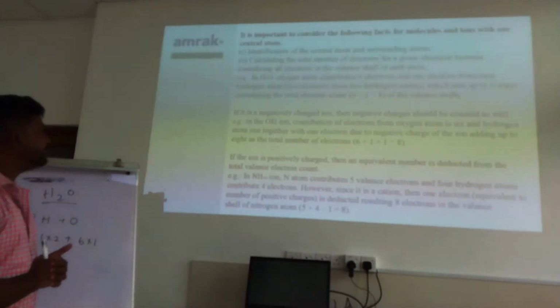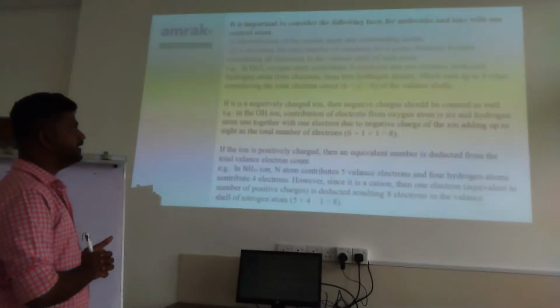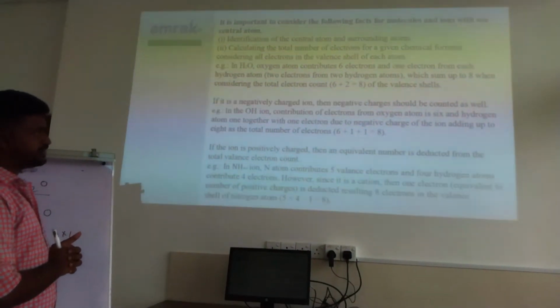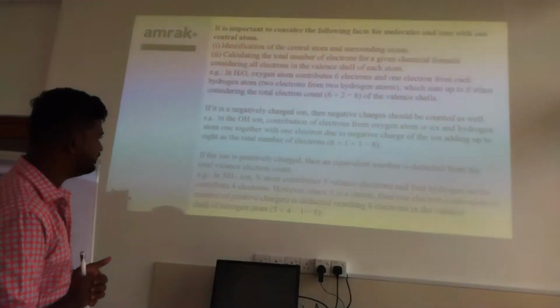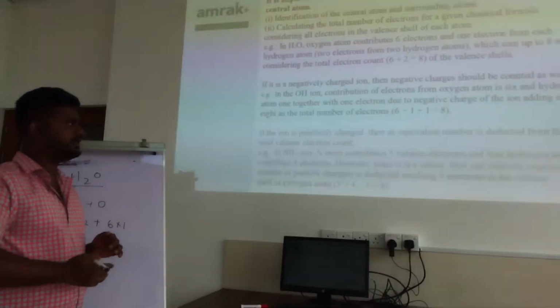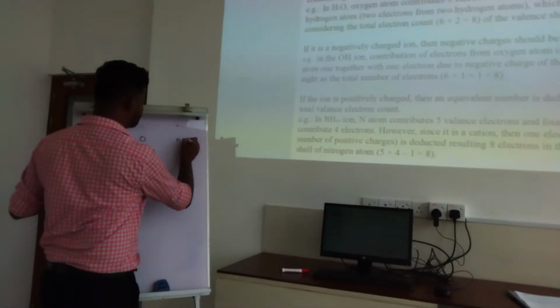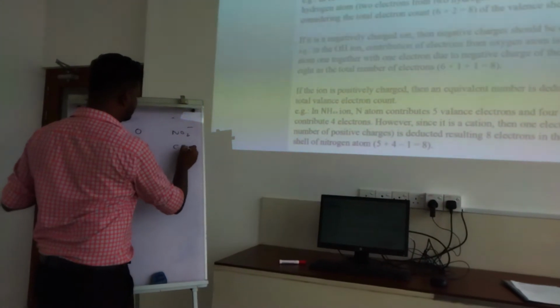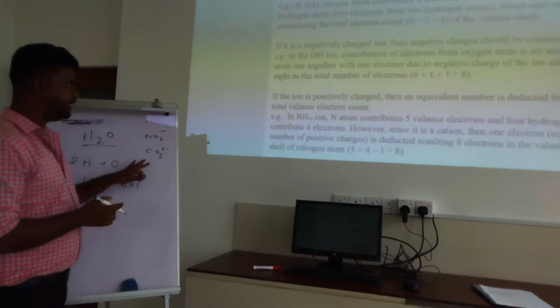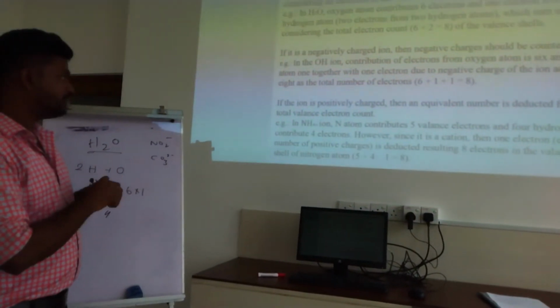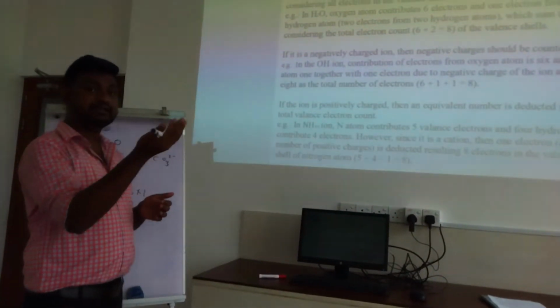If it is a negatively charged ion, then the negative charges should be counted as well. For example, NO2 minus or CO3 2 minus are negative ions. What you need to do is count the negative charges.